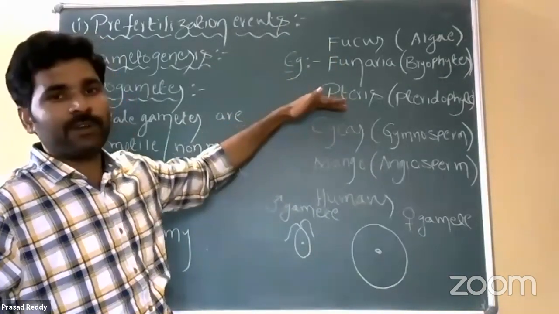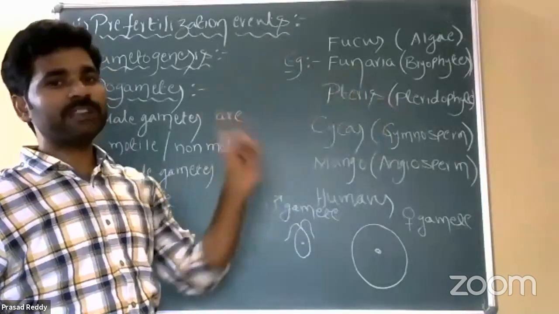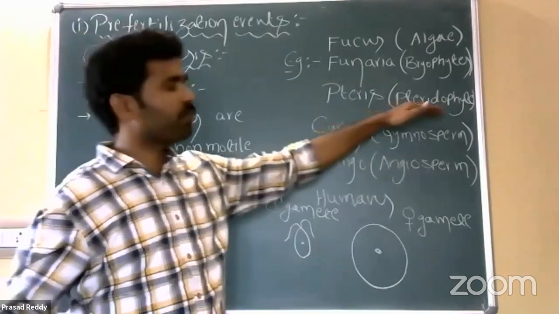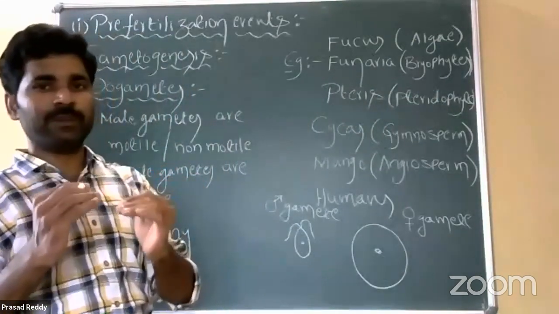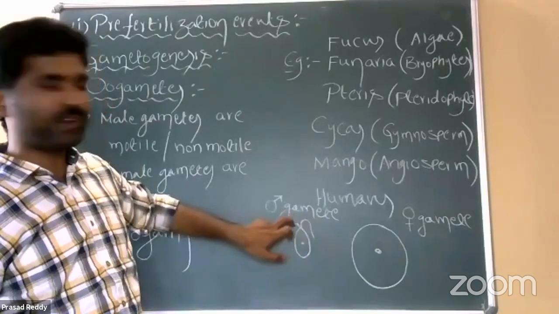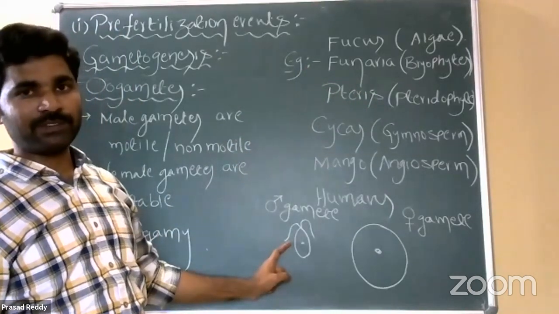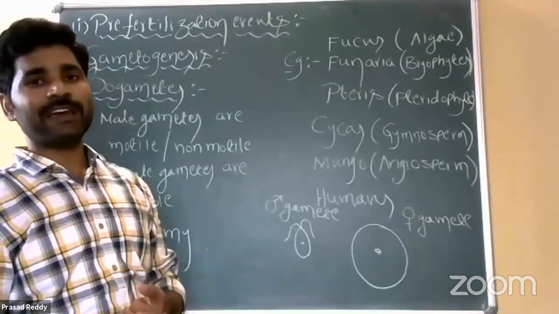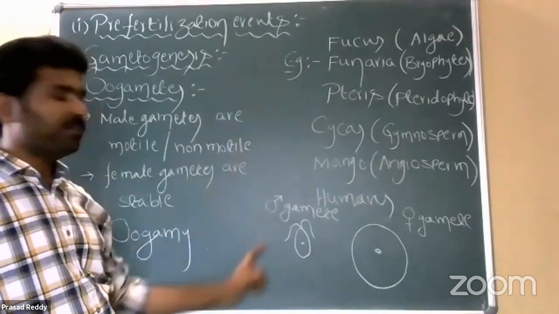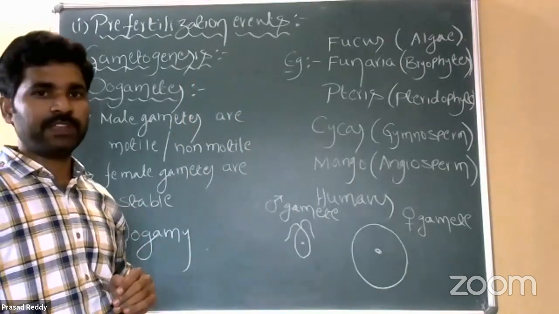But in pteridophytes, male gametes are multiciliated. In lower pteridophyta plants, male gametes exhibit flagella, but in higher pteridophyta plants, male gametes exhibit cilia. So in pteridophytes, male gametes are either flagellated or ciliated.